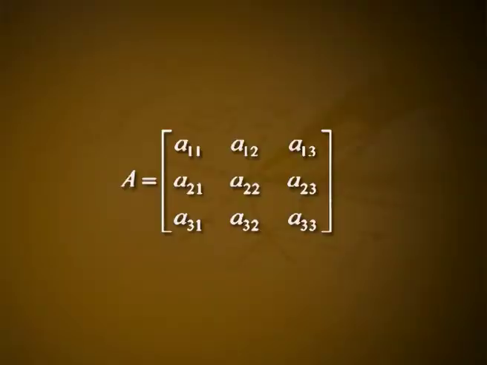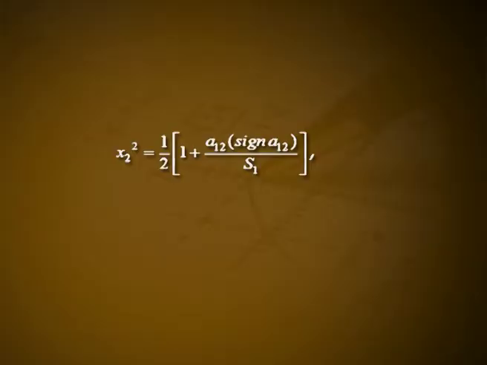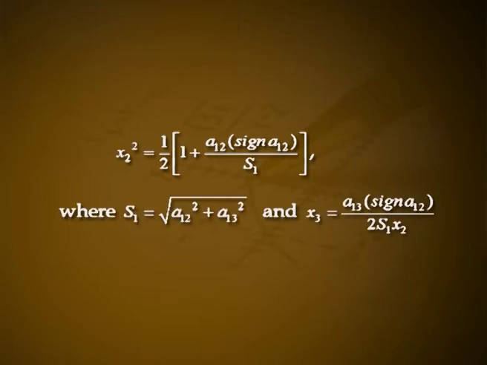For a matrix A with rows A11, A12, A13, A21, A22, A23, A31, A32, A33, the condition that 1/3 element of AP2 is 0 gives x2 square equal to 1 by 2 into 1 plus A12 into sign A12 by S1, where S1 equal to square root of A12 square plus A13 square, and x3 equal to A13 into sign of A12 divided by 2 S1 x2.